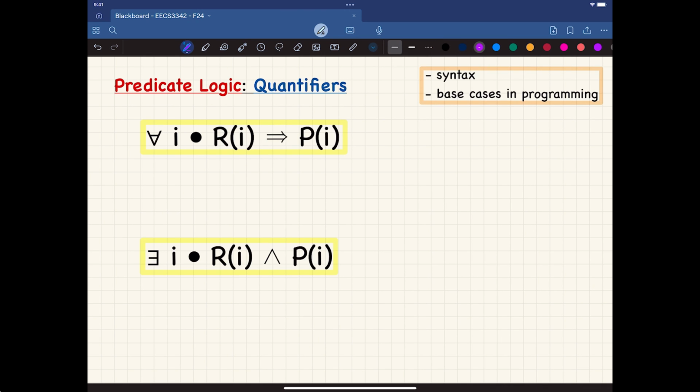Of course, you have to understand this is for universal quantification, and this one here is for existential quantification. Let's get the terms very well understood.